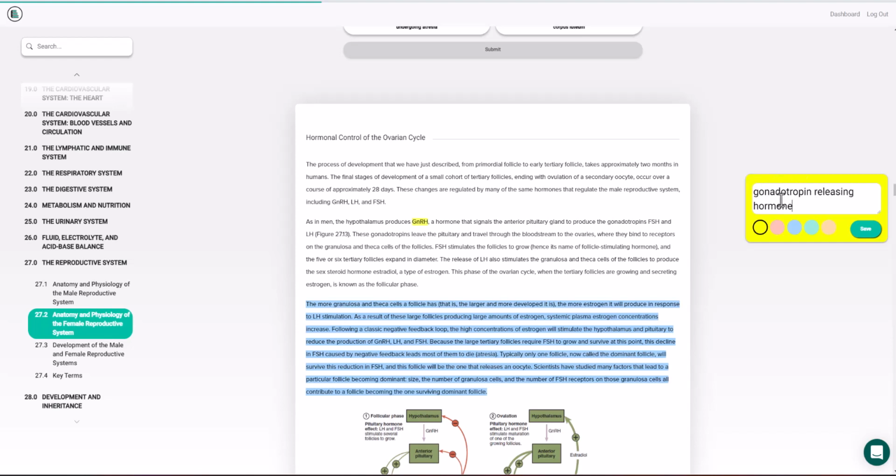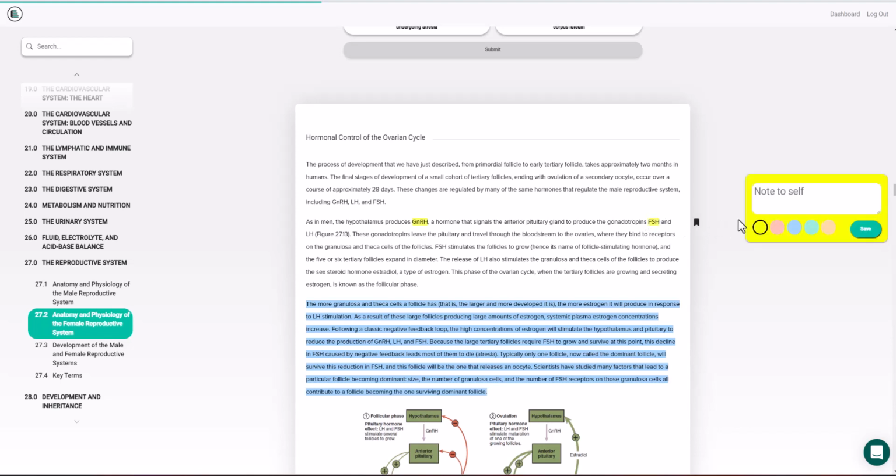Gonadotropin releasing hormone. So the GnRH is released from the hypothalamus, and it only has to travel a short distance to the anterior pituitary gland. You know where that is, hanging off from the hypothalamus. And then the pituitary gland will produce gonadotropins, there's two main gonadotropins. There's FSH and LH. So let me also just write those out.